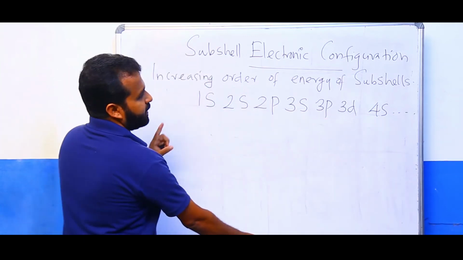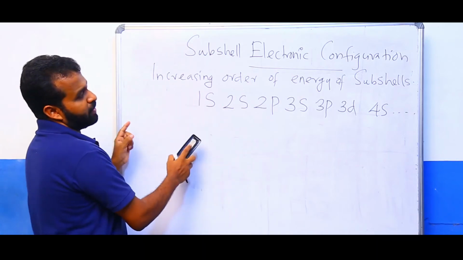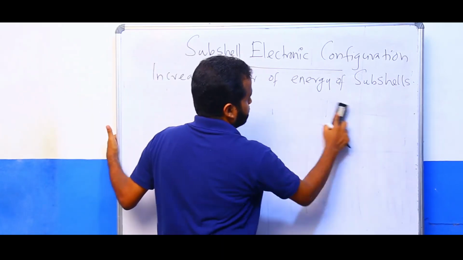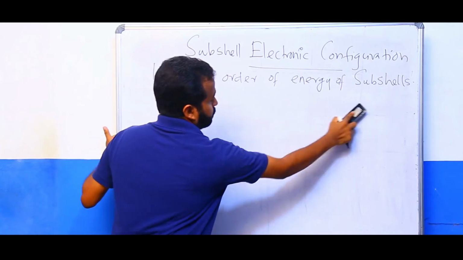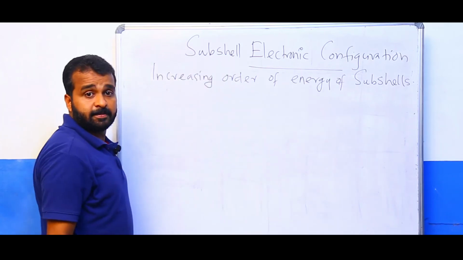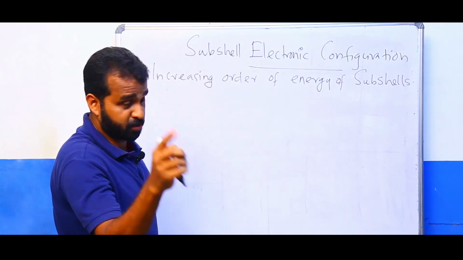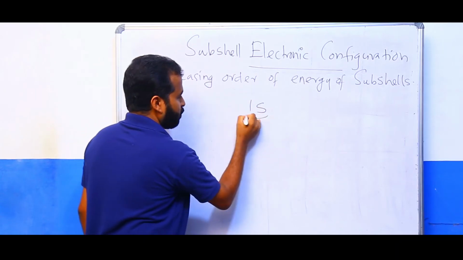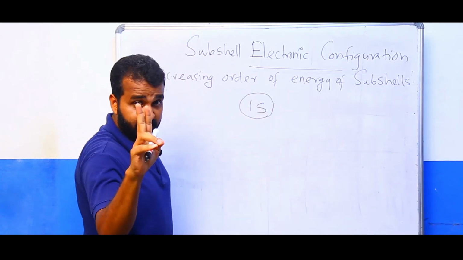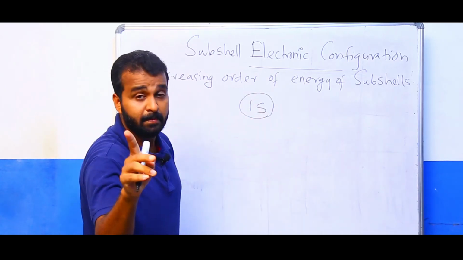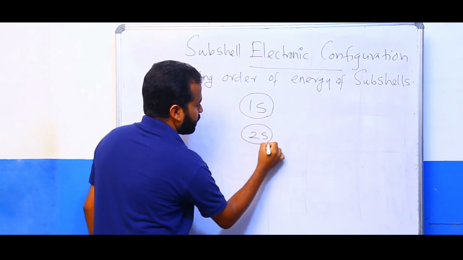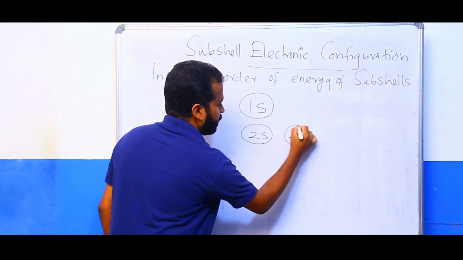In order to understand the increasing order of energy of subshells, we have a diagram. All of you listen. We know that first shell has only one subshell, which is 1S, isn't it? Second shell has two subshells, 2S and 2P.